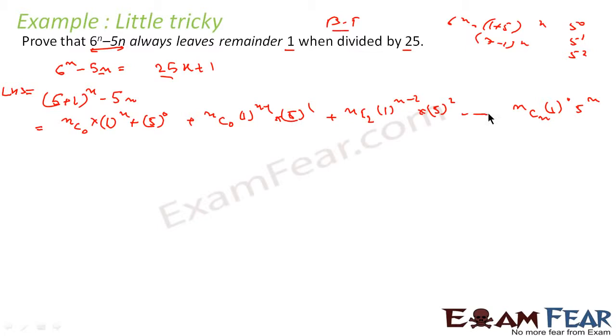So we'll ignore the 1 to the power n part because it is always 1. So nC0 is equal to 1 into 1 into 5 to the power 0 is equal to 1.